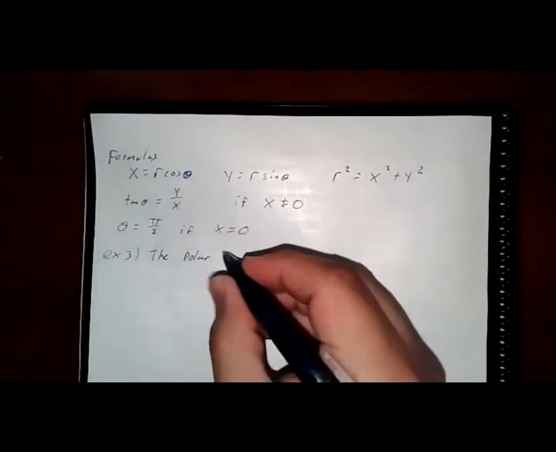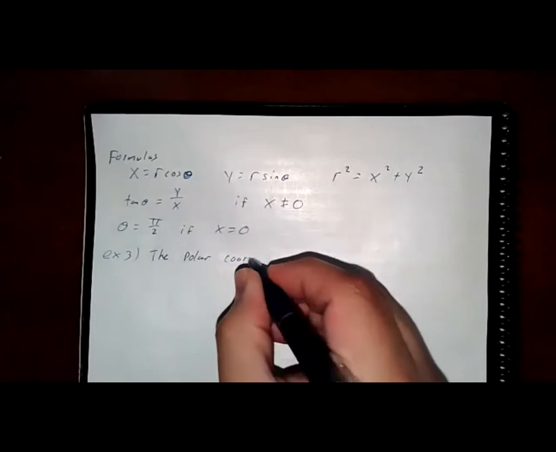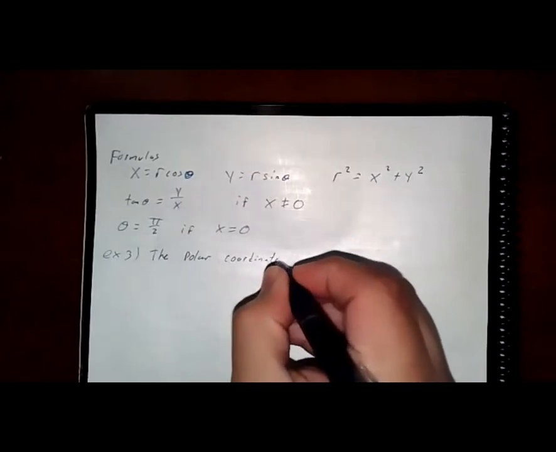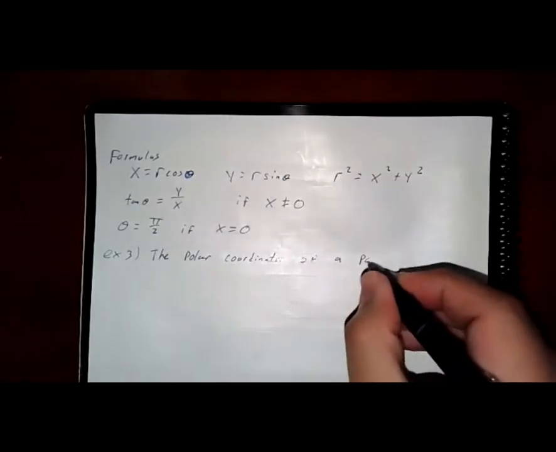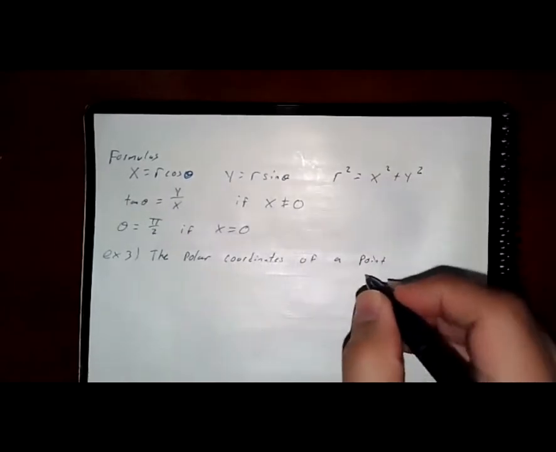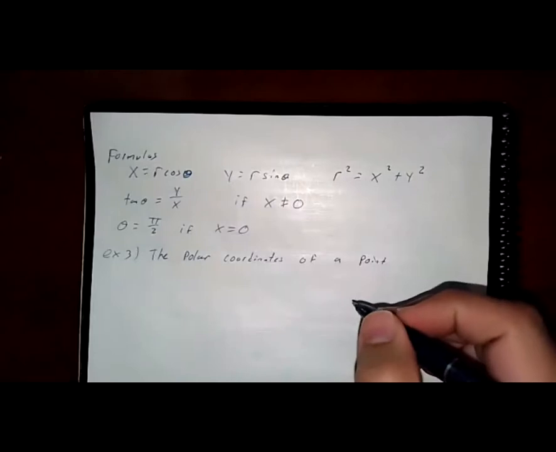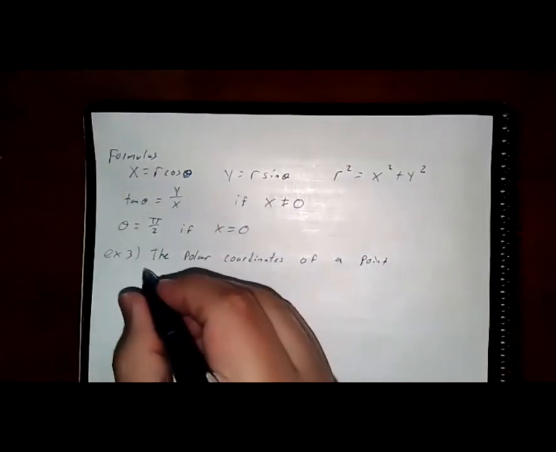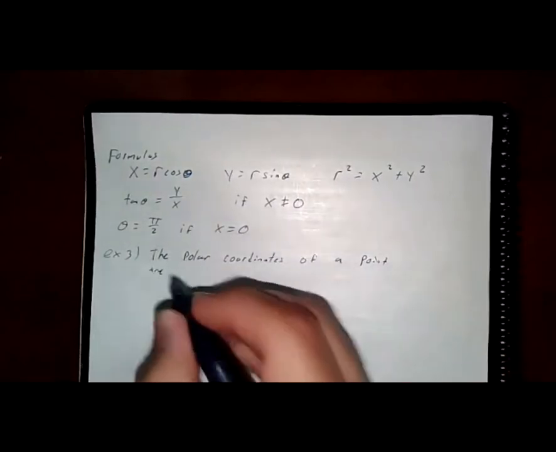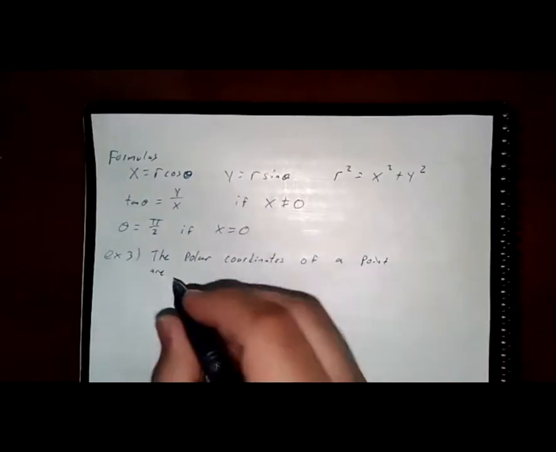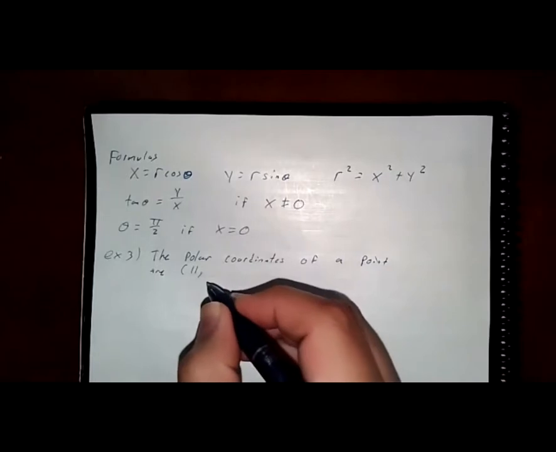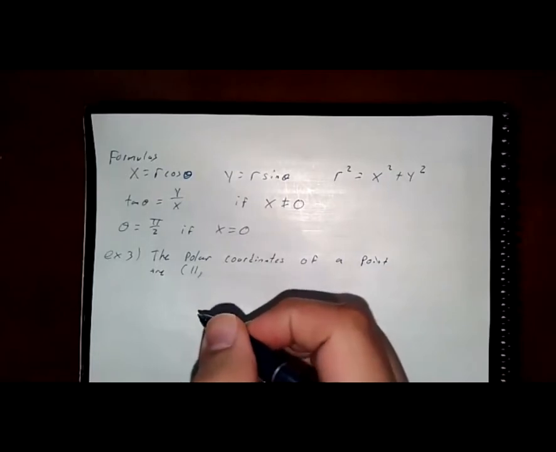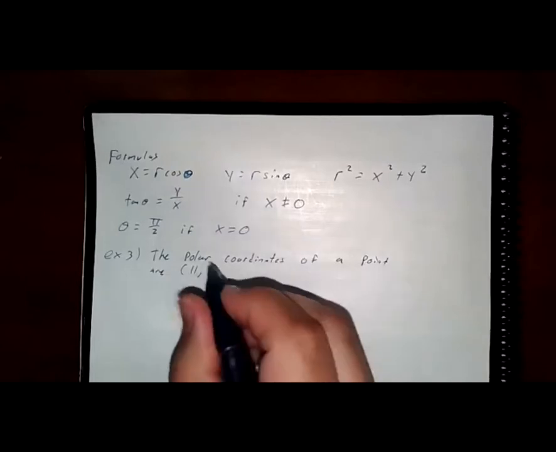The polar coordinates of a point are 11, comma, 2 pi over 3.